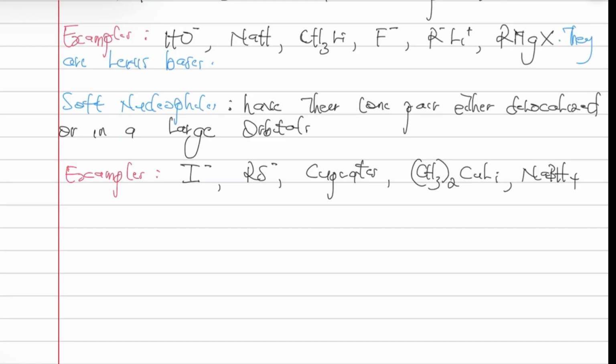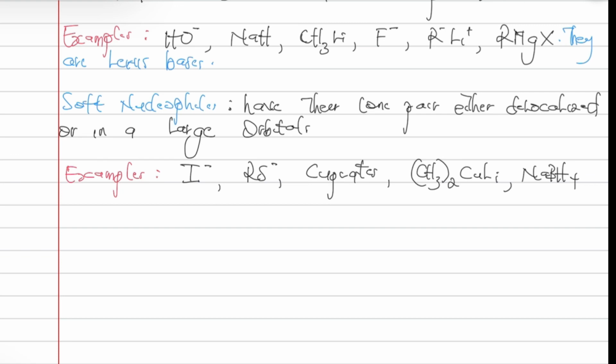Having the knowledge of soft base and nucleophile and hard base or nucleophile will enable us to predict the chemoselectivity of a nucleophile or base reaction in a chemical reaction.